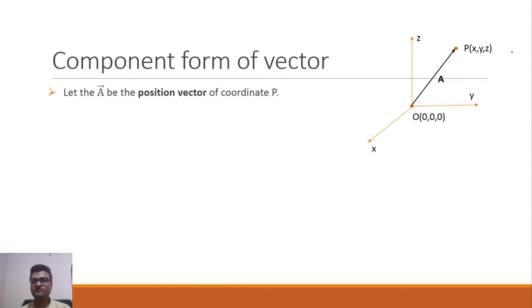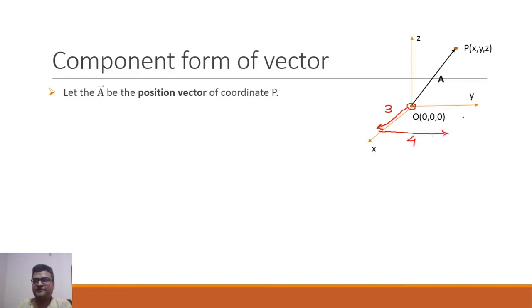So how do we come to this vector? Let us imagine that there was an object located here at the origin, and it started moving towards x, and it moved 3 units in the x direction. Then after that, from here it moves towards the right in the y direction, and it moved 4 units.